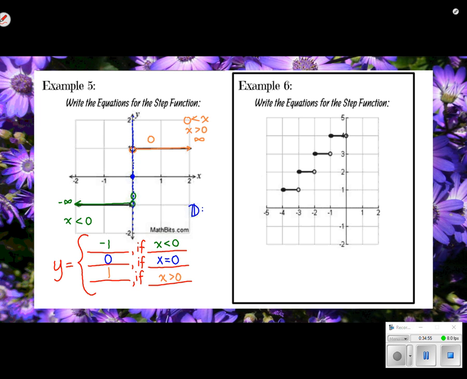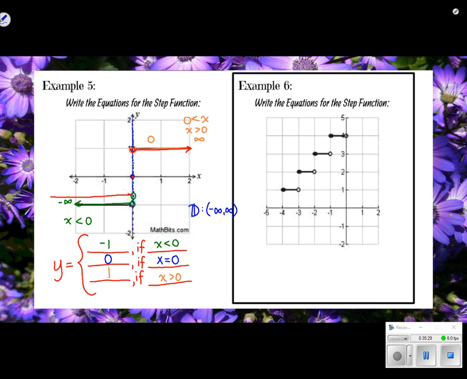So I start at -infinity, and as soon as I get to this green open circle, I bounce up here as soon as I hit 0, and then as soon as I go beyond 0, I bounce up to this open circle, and I keep going to the right. So there are no gaps, even though it looks like I've got 3 separate pieces. There are no holes, so I go from negative infinity to positive infinity.